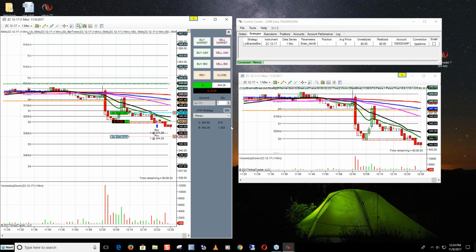Bracket of 6, stop of 5, targets of 10 and 20. That's what I was using. The key is entry time.